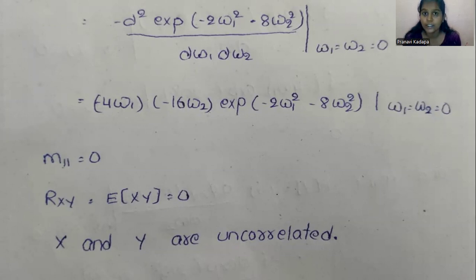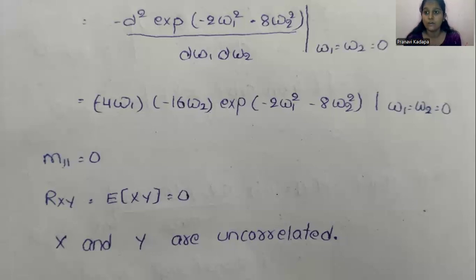Now by differentiating the given characteristic function, we get minus 4 omega 1 into minus 16 omega 2 into exponential of minus 2 omega 1 squared minus 8 omega 2 squared, where omega 1 and omega 2 equal 0. By writing omega 1 and omega 2 equal to 0 in our given equation, we get M11 equals 0, where expectation of XY equals 0.